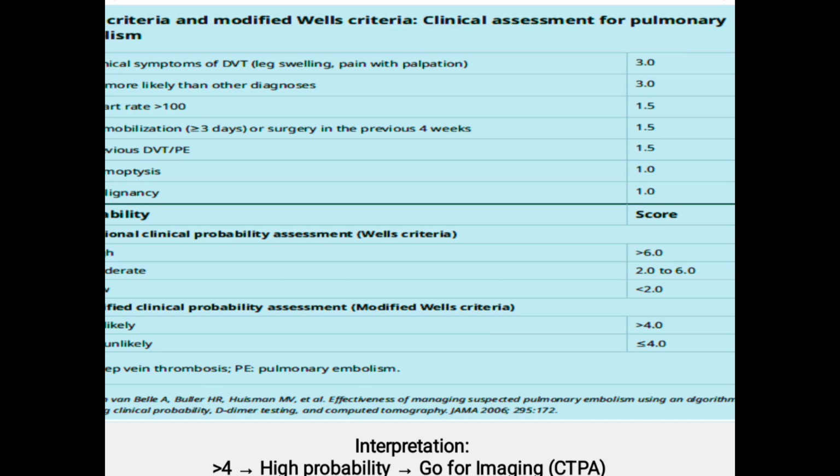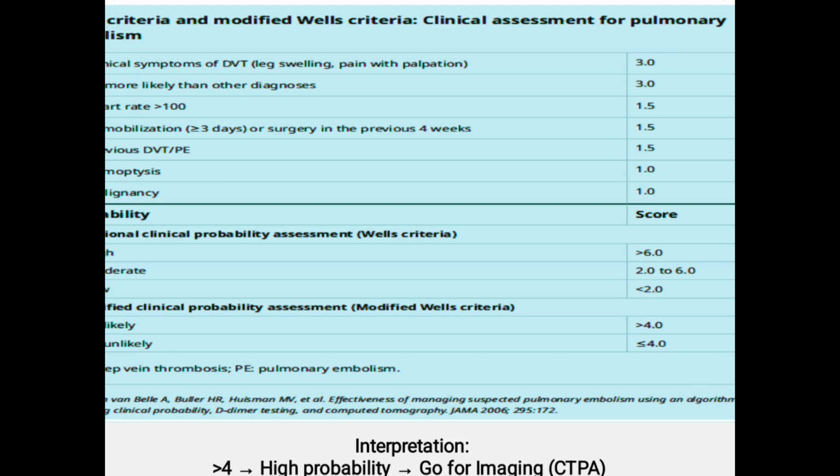If patient has history of immobilization for more than or equal to 3 days or surgery in the previous 4 weeks, we give 1.5 points. Previous DVT or pulmonary embolism, we give 1.5 points. If the patient comes with hemoptysis, we give 1 point. If the patient has history of malignancy, we give 1 point. And we calculate the score.